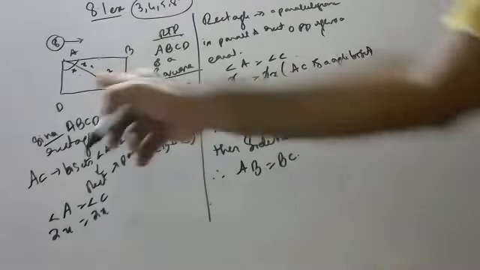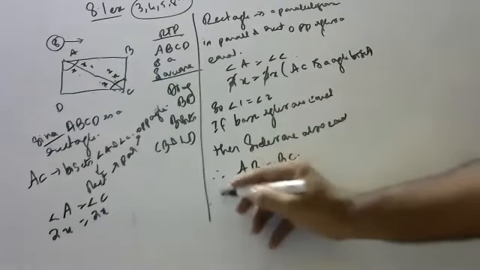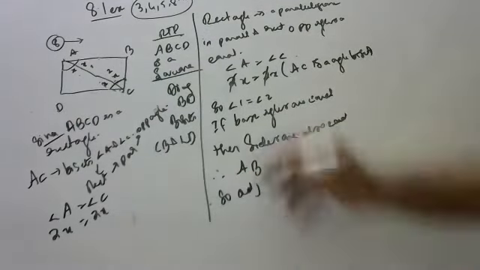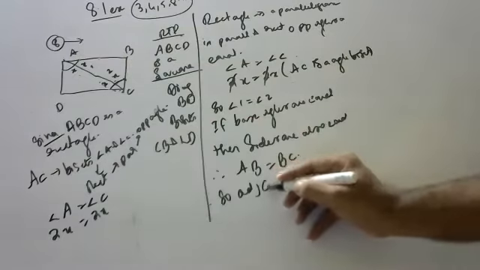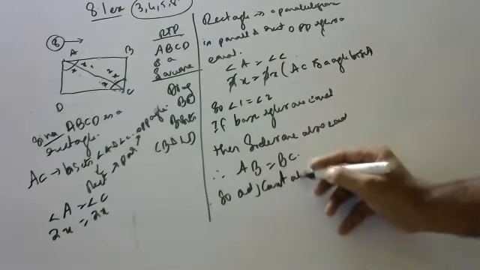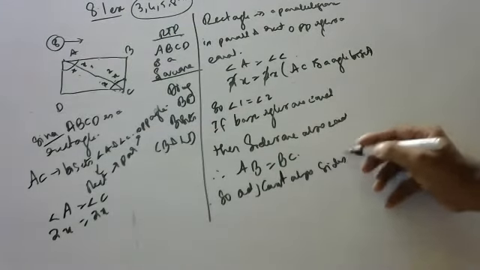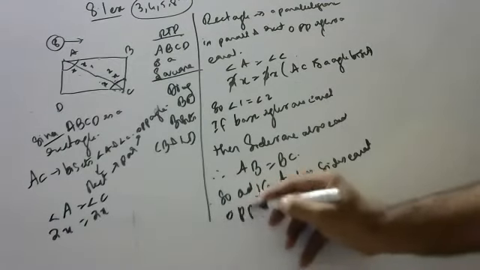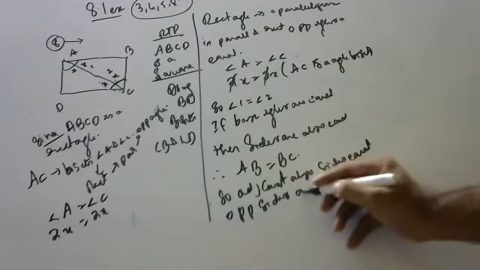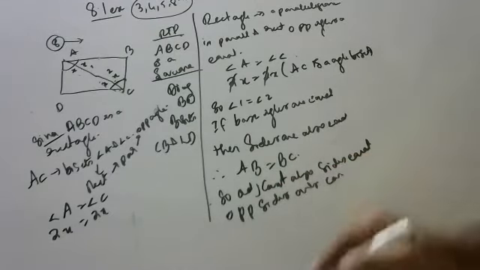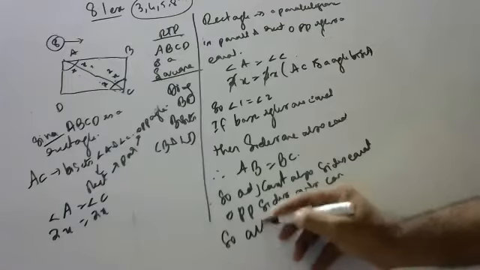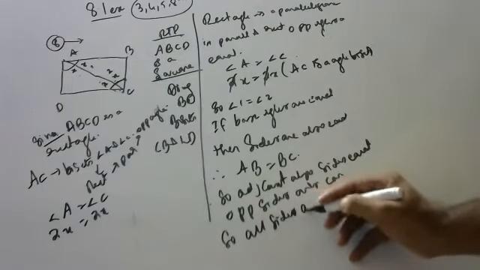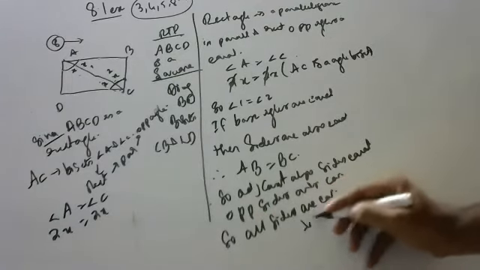Already, because it is a rectangle, opposite sides are equal. Now, AB and BC are adjacent sides. Adjacent sides also equal. Opposite sides also equal. So I can say all sides are equal. If all sides are equal, then it is a square.